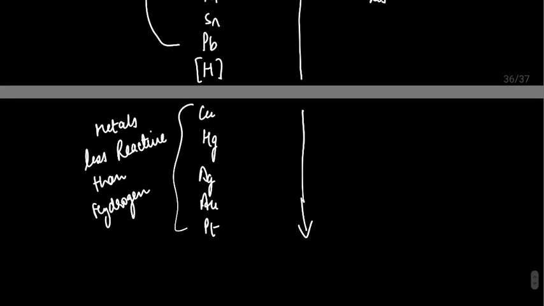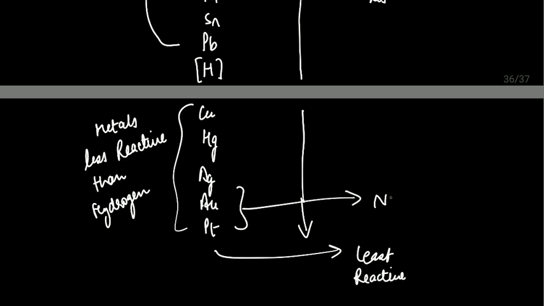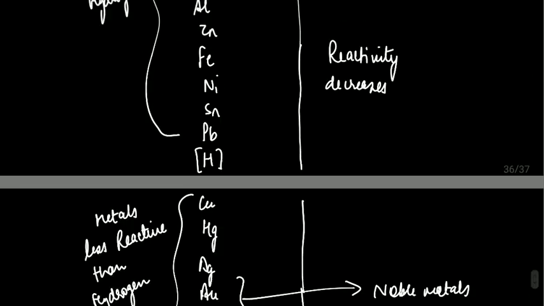So this is going to be the least reactive, and gold and platinum are very much noble metals. So what's the meaning of this entire series? Why is it so important?